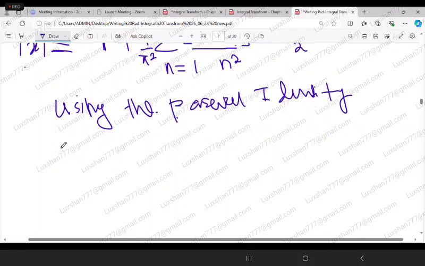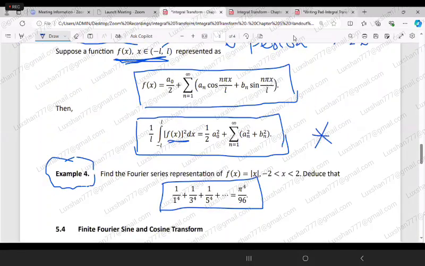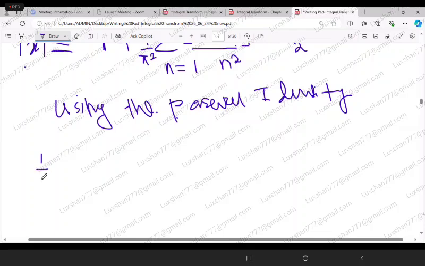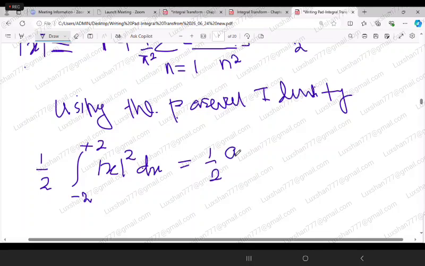I can write 1 over L, so 1 over 2, integral from minus 2 to plus 2 of mod of f(x) squared is equal to half times a naught squared plus summation n equal 1 up to infinity an squared, because my bn is 0.